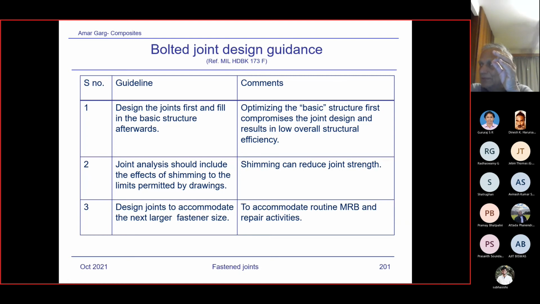And they may have to increase the fastener size to next size. We call that 1/32 diameter oversize. So right in the design stage, you would take into account that consideration to prepare the margins. Some oversized fasteners.